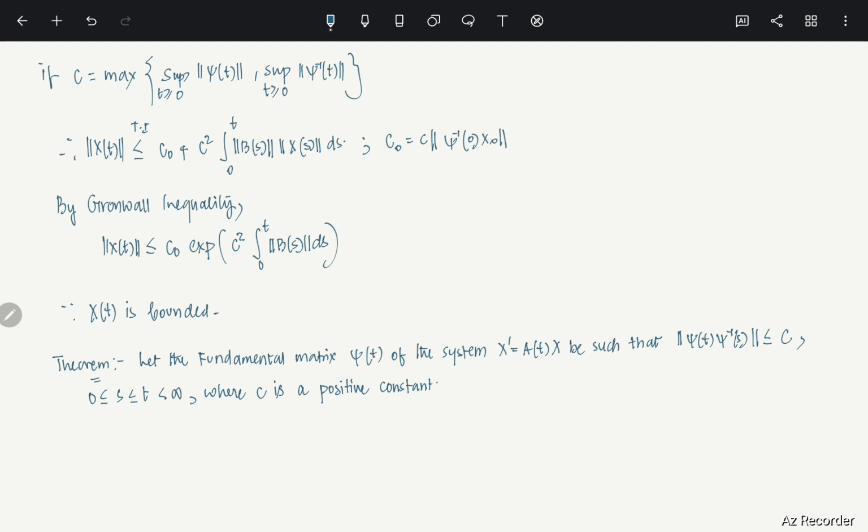Okay. Now further, let the other condition, the infinity norm of the fundamental matrix with B(s) ds, let's say that's finite, that condition which we used last class. So here this part is satisfied. This is true.